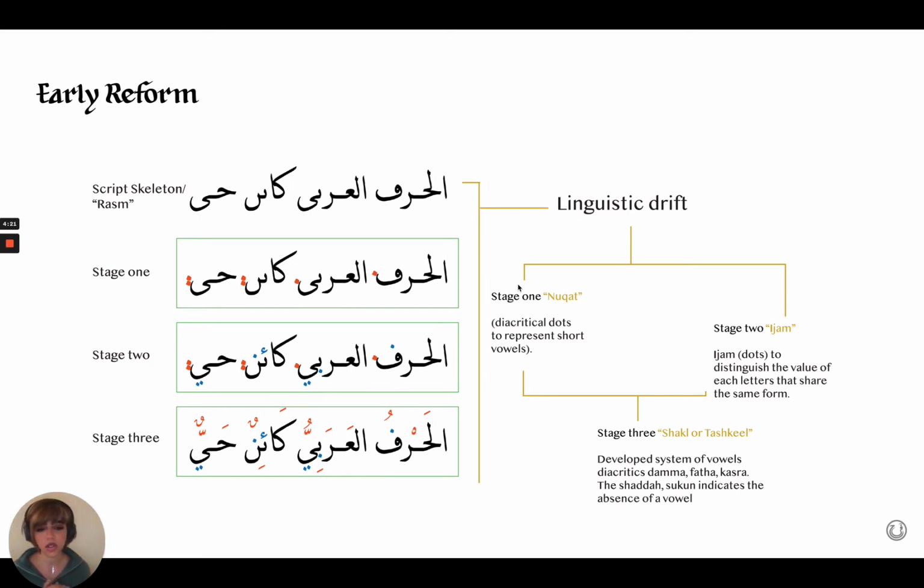Stage one is called niqat, which is basically a diacritical dots system to represent short vowels, and is placed toward the end of each word.